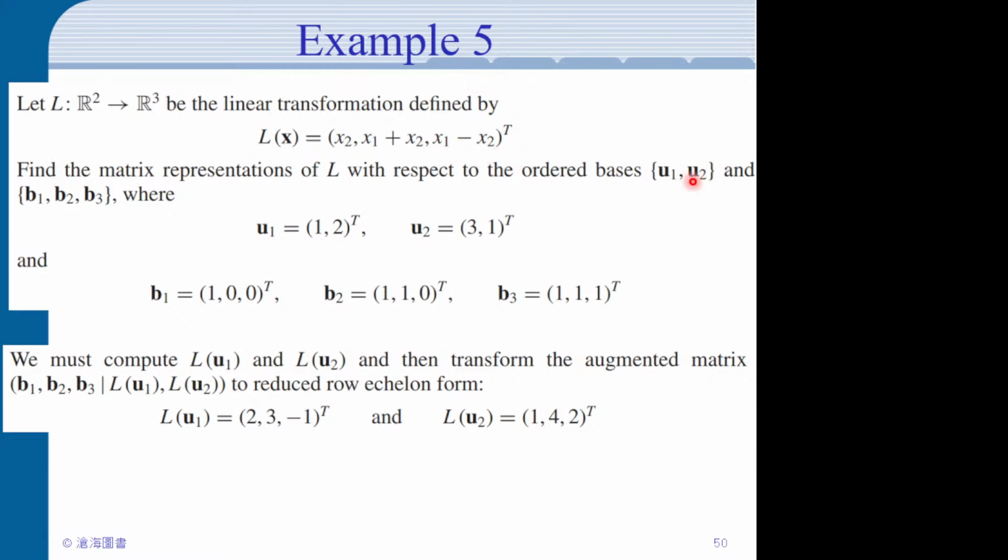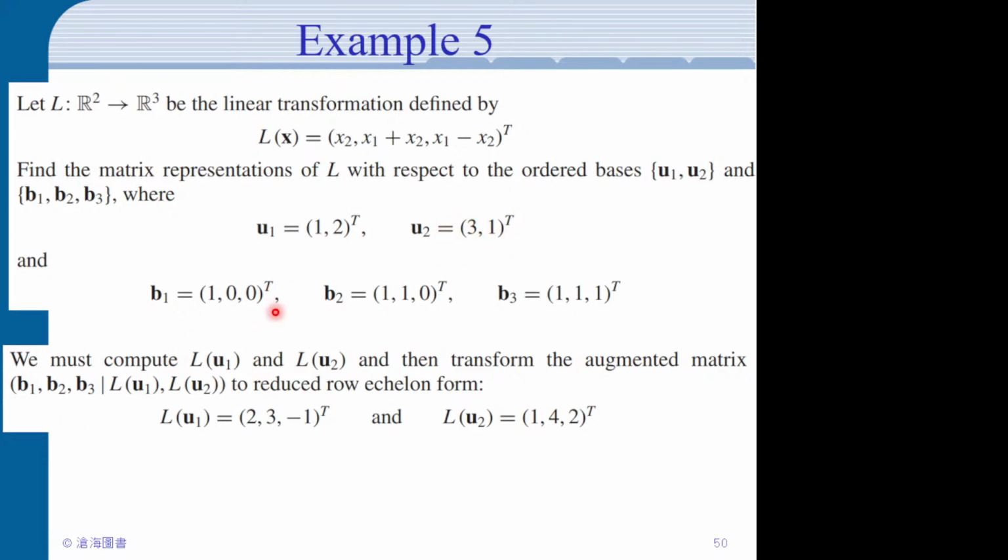From here you can read the matrix in standard basis easily, but we want the matrix in our weird basis. So we have some basis U1, U2 for our R2, and some basis B1, B2, B3 for our R3, and they are given here. So U1 is 1, 2, U2 is 3, 1.